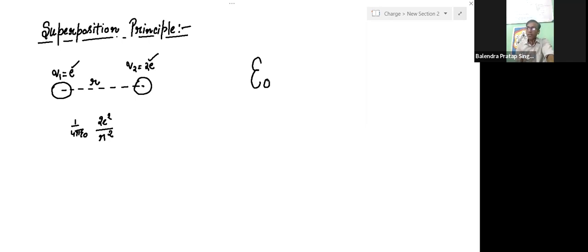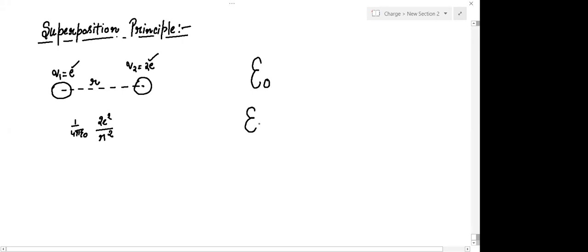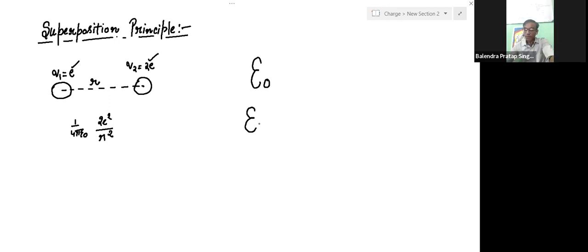Okay, one more thing. If I remove this naught term, if I write only epsilon, then what does it tell? It is a permittivity of free space.